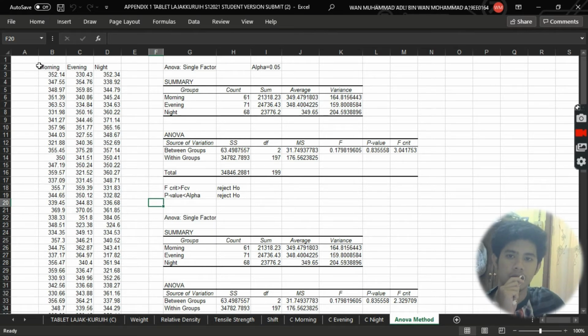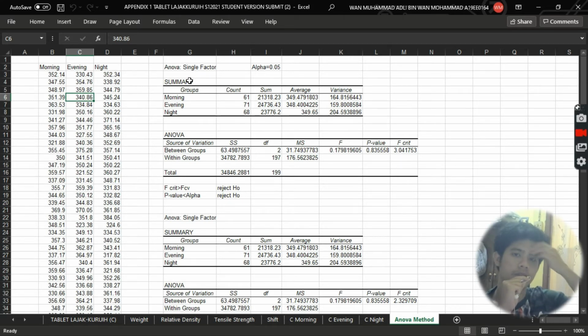This is the data that I collected from the previous table. This column is for the morning, the next column is for the evening, and the other one is for the night shift.